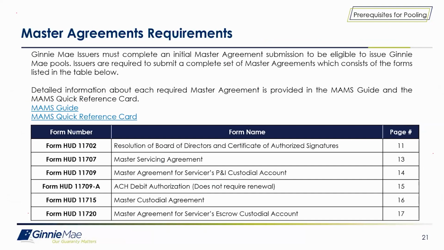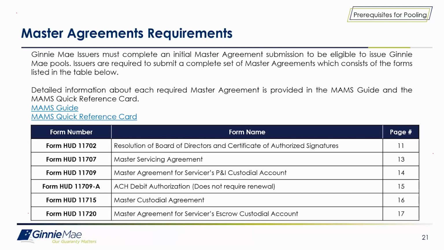Okay, just some information before we go into that. Ginnie Mae issuers must complete an initial master agreement submission to be eligible to issue Ginnie Mae pools. Issuers are required to submit a complete set of master agreement forms, which consists of the forms listed in the table below.